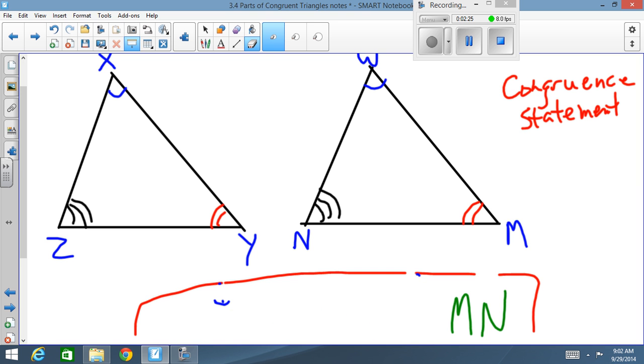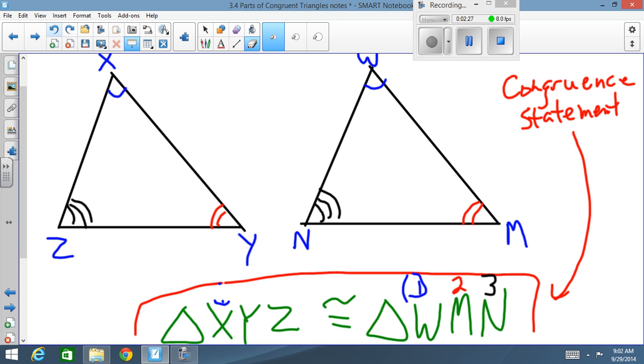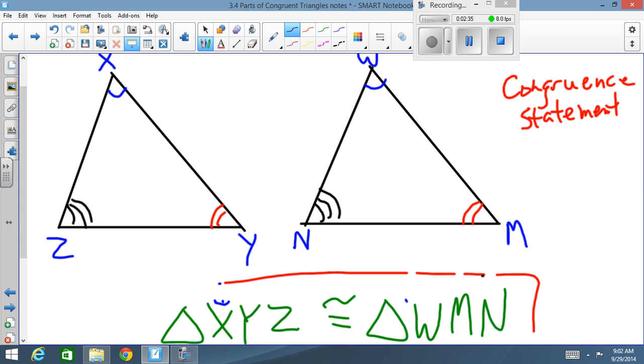That's not all it tells us, though. It also tells us which sides are congruent. And here's how. The fact that X, Y are the first two letters in that congruent statement, and W, M are the first two in that congruent statement, I know that XY and WM are the same length.